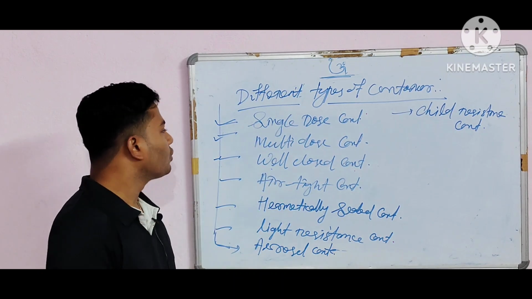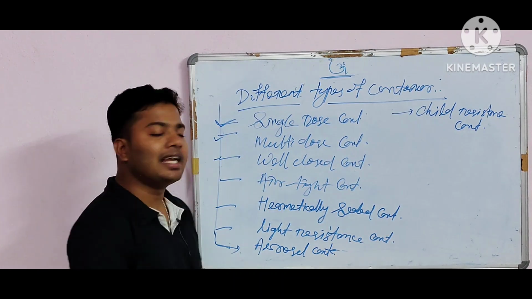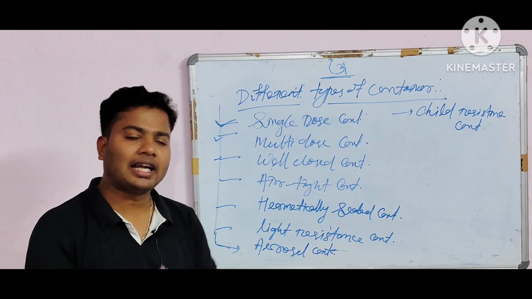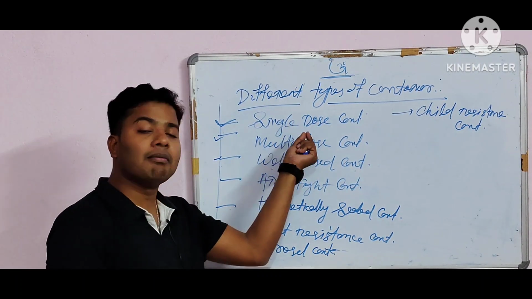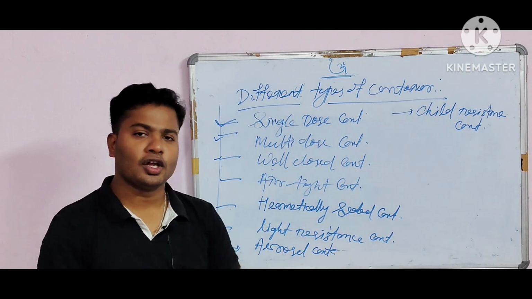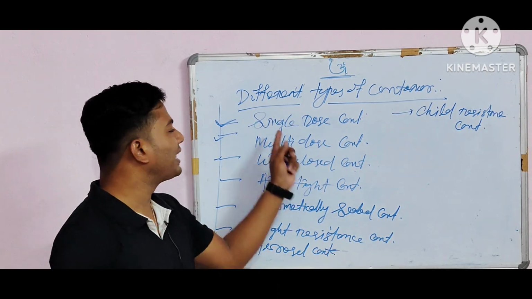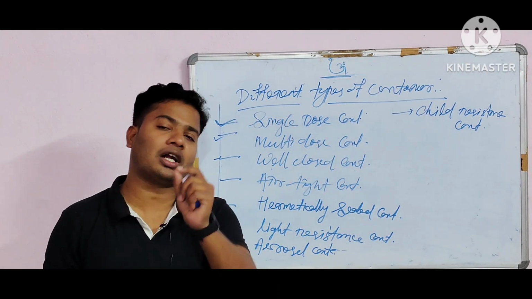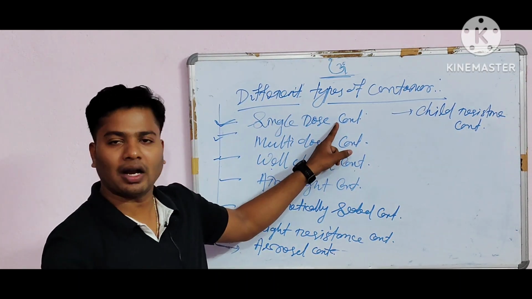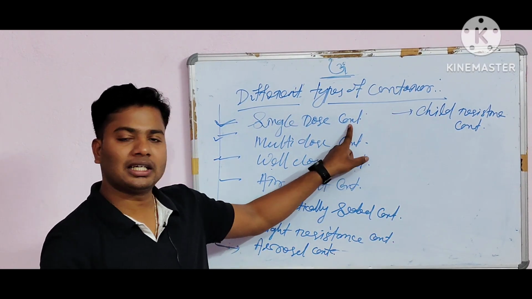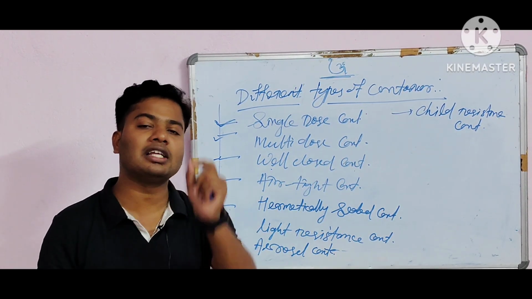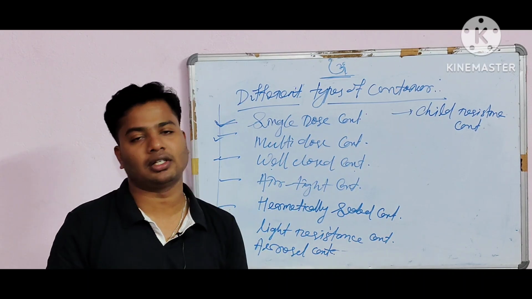So what are they? The first one is the single dose container. When you note the name of the single dose container, you can easily understand it. Such containers are used to supply only a single dose to the patient.